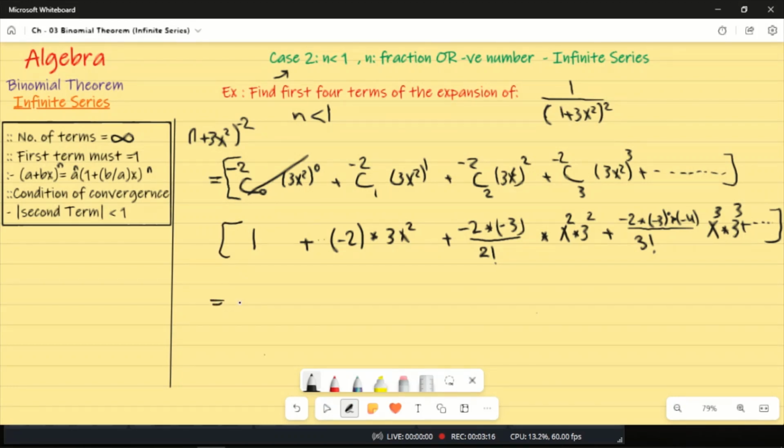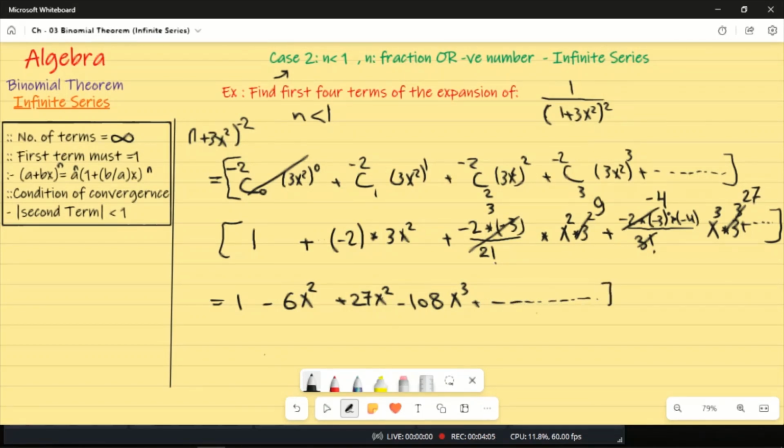So we have 1 minus 6x squared, plus 27x to the power 4, minus 108x to the power 6, plus the infinite series.